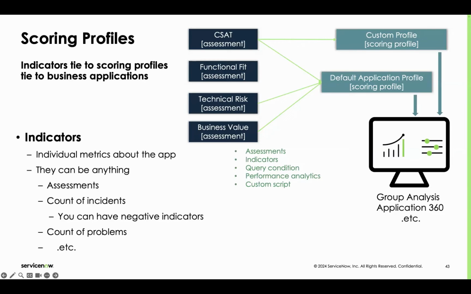The indicators are just the individual metrics. You just put them in there and you give them a weight. How much does it affect? You could make them all evenly matched, or you could make them where some are weighted heavier than others. Just depends upon what you're trying to do. But the point is you can create that apples to apples comparison.